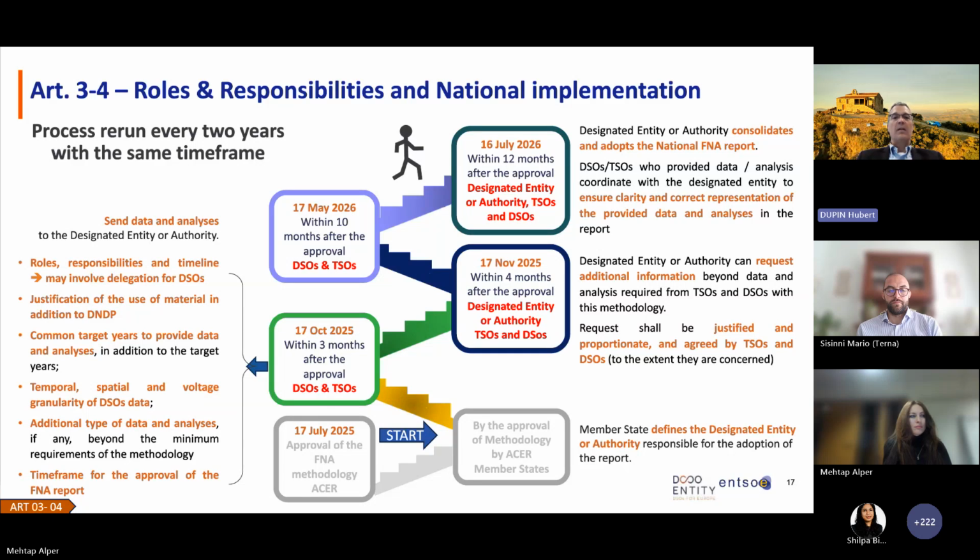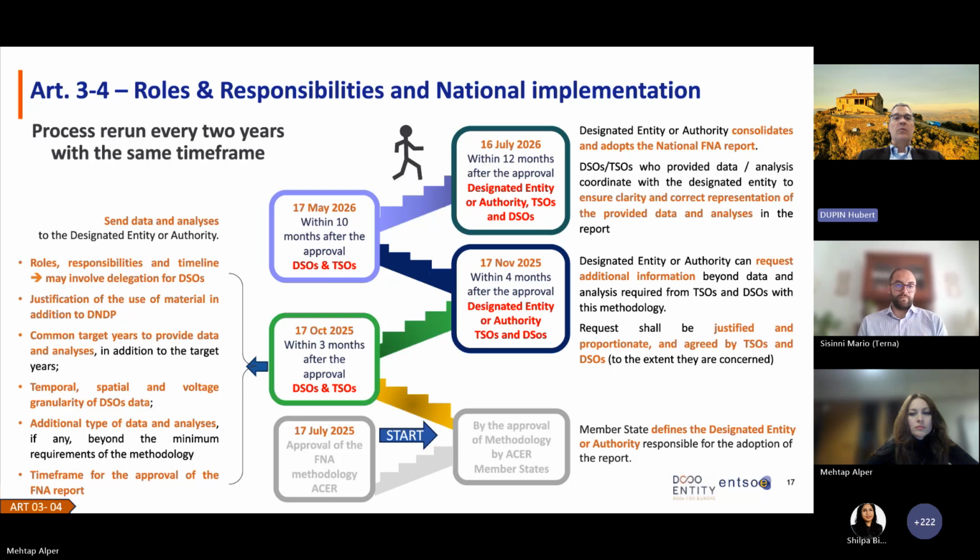Of course, by then, the national entity, the designated entity that shall adopt the report, should be designated by the member state. Within the first 3 months, DSOs and TSOs have to agree on many things. First, who does what when? There are many DSOs in a country. Sometimes there are several TSOs in a country. What is the role of each one in providing data and analysis?